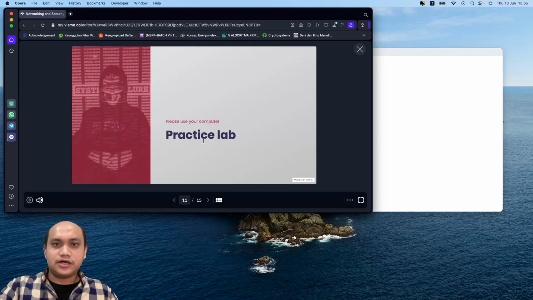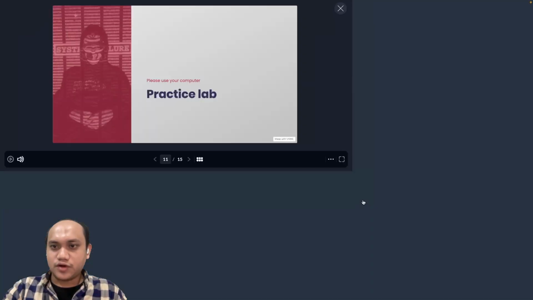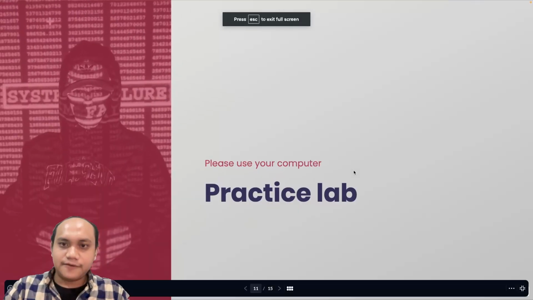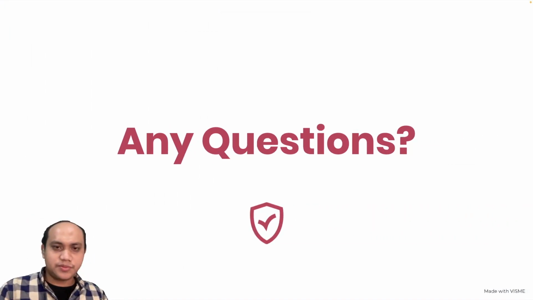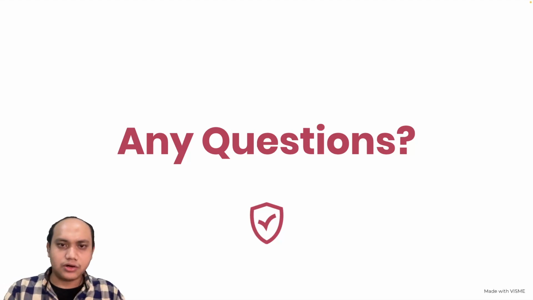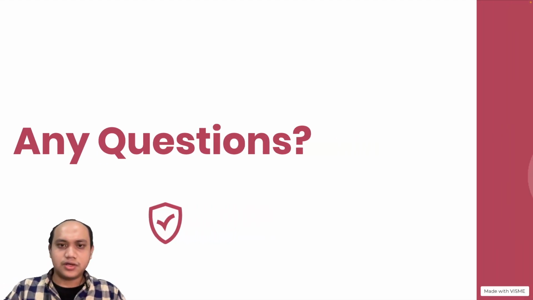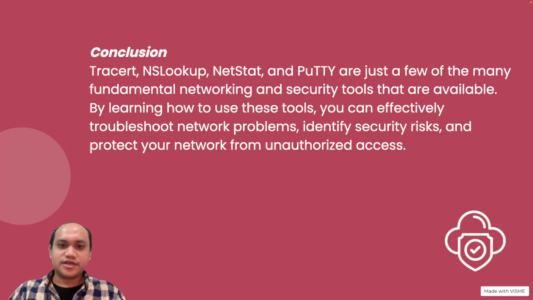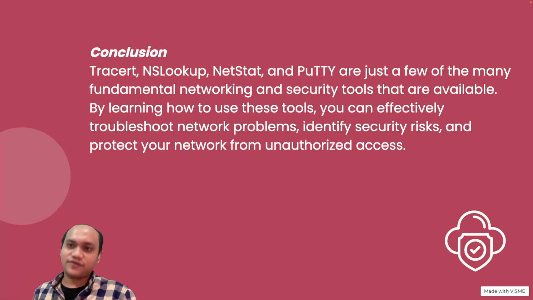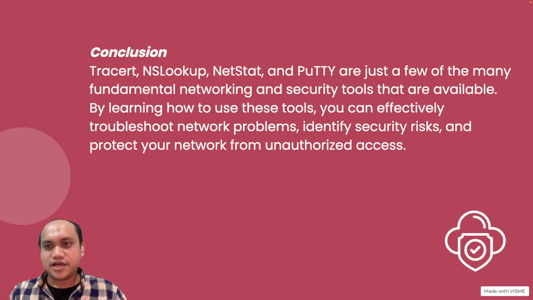Okay, let's go back to our material. If you have any question, you can ask me by contact email or using the group discussion. Feel free. The conclusion is traceroute, nslookup, netstat, and PuTTY are just a few of the many fundamental networking and security tools available.